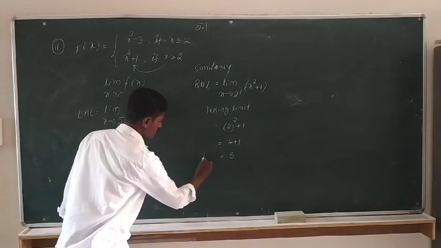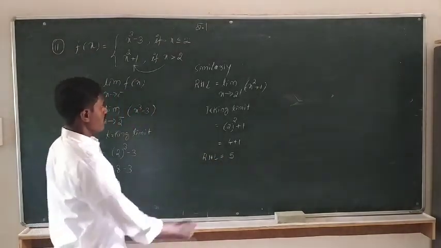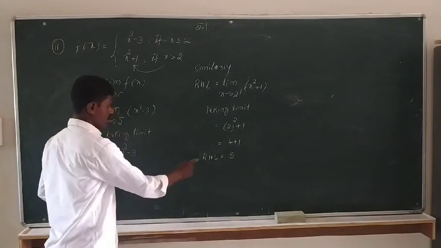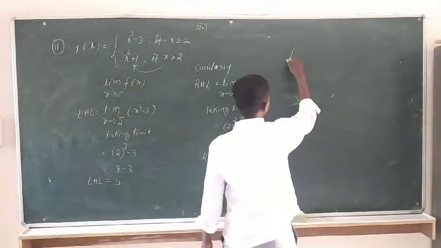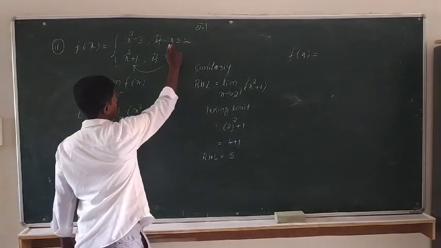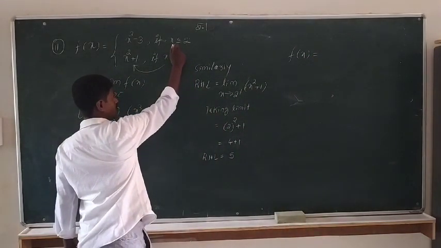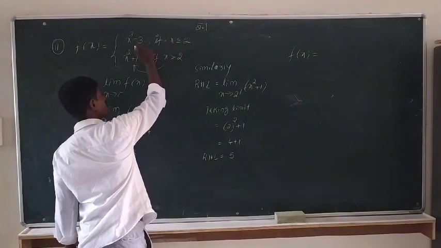So RHL is equal to 5. Now LHL and RHL are coincident. Now we are going to find f of x. What is the function here? When the equals symbol exists here, on that occasion the function is x cube minus 3.